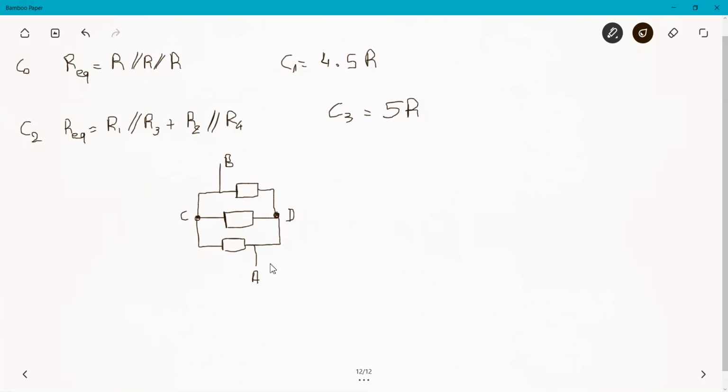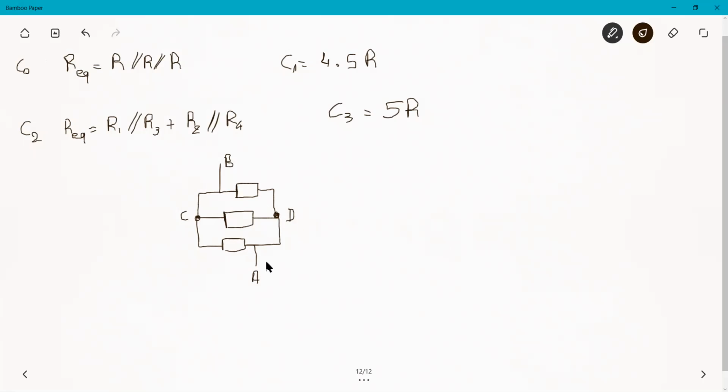From the document of the exercise, this is another way of drawing the circuit, but they are completely equivalent.